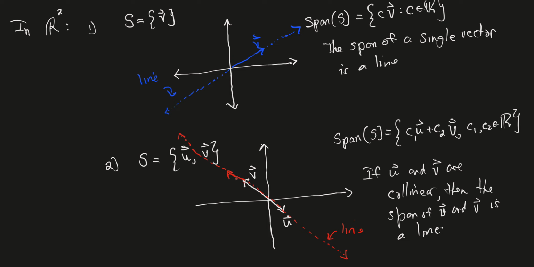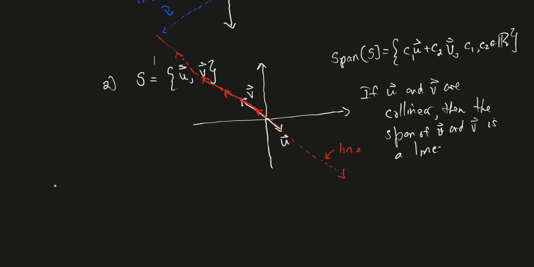So a vector here, and then a vector here, and a vector here, right? So all the vectors that point in that direction with any arbitrary magnitude, and the magnitude is arbitrary because we're allowed to scale them with any constant we want, right? So that's a second possibility in R2.